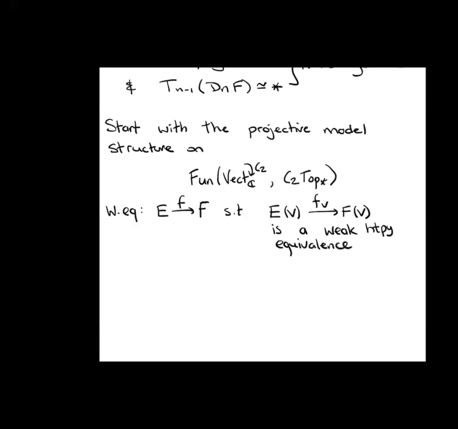So I should point out that I mean weak homotopy equivalence and not on fixed points. So there are no fixed points happening anywhere here. I'm just taking the underlying equivalence of these things as spaces rather than C2 spaces.